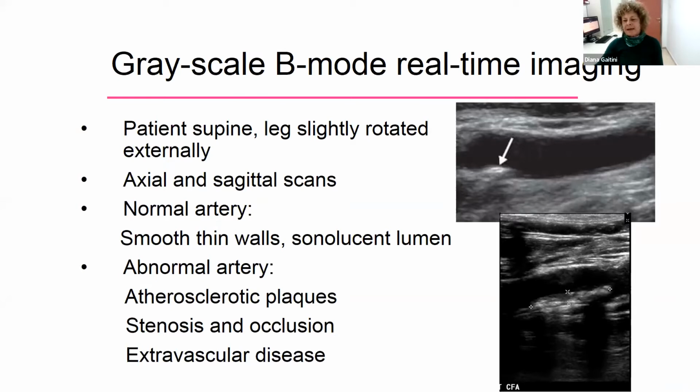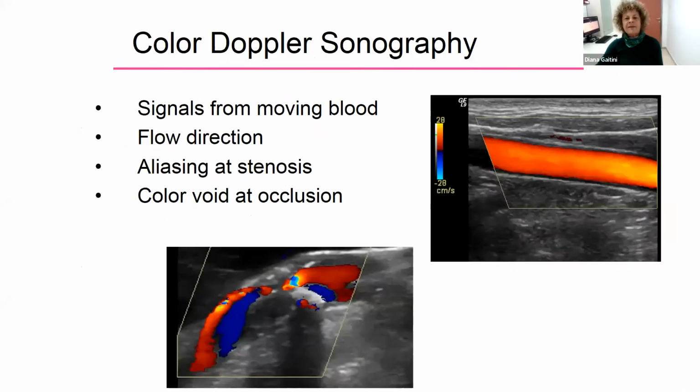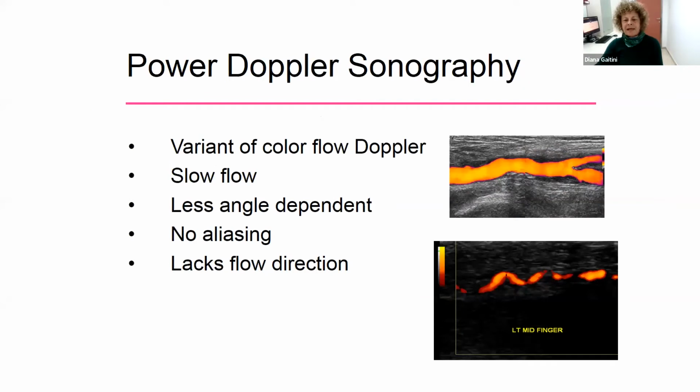We may see areas of stenosis and occlusion, and even extravascular disease. We turn then to color Doppler sonography that shows signals from moving blood. We may have information on the flow direction and the areas of aliasing at the stenosis and color void at occlusion.